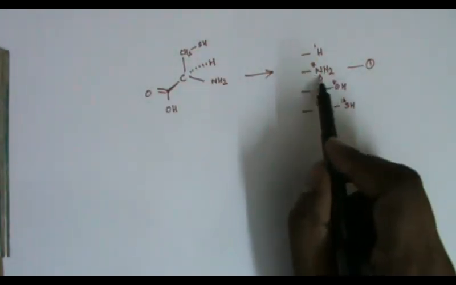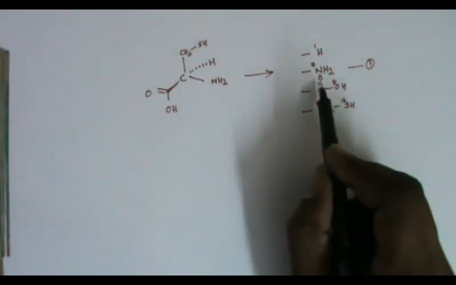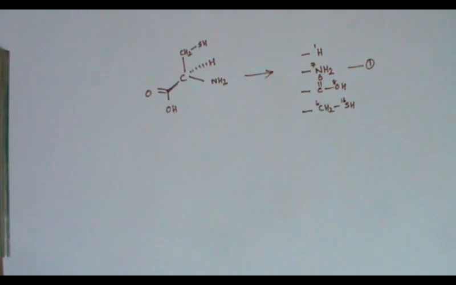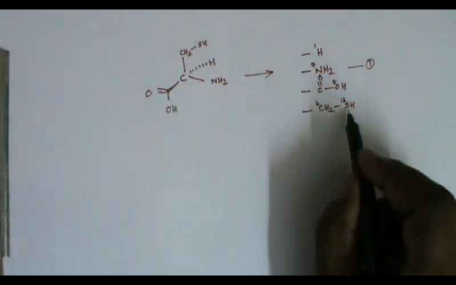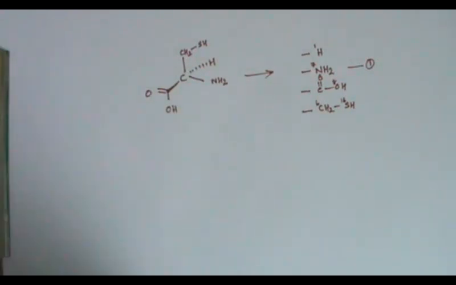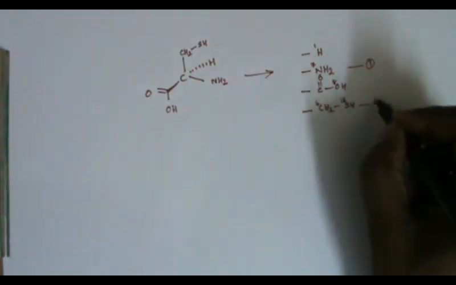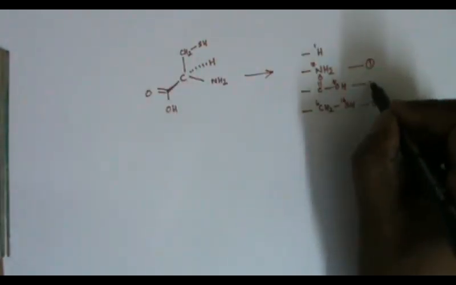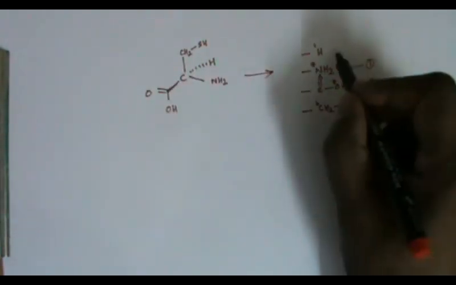Even though there are 3 oxygen atoms, since the double bond is considered as 2 oxygen atoms, totally there are 3 oxygen atoms. But since sulfur has a higher atomic number, this should get the second priority. Then this is the third. Hydrogen is the last.